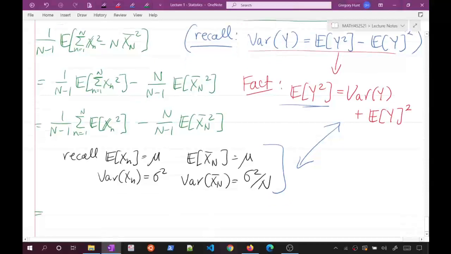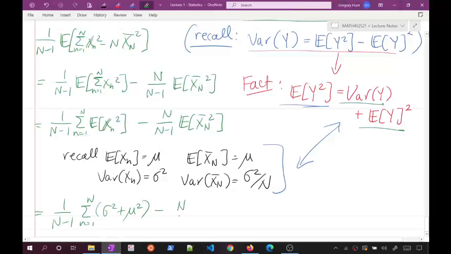So we have an n minus 1, we have a sum, and the expectation of any of my xn squared should be sigma squared plus mu squared, variance plus expectation squared. And then I have minus n minus 1 over n.